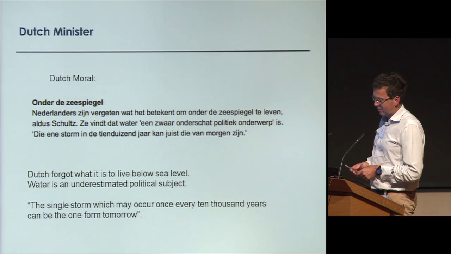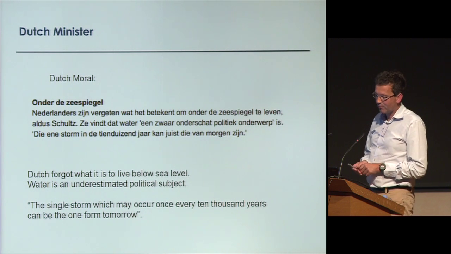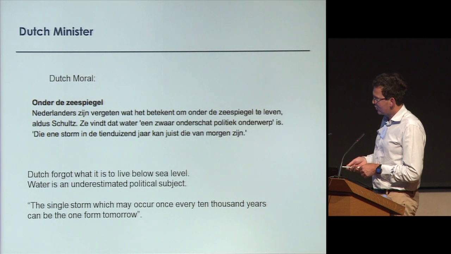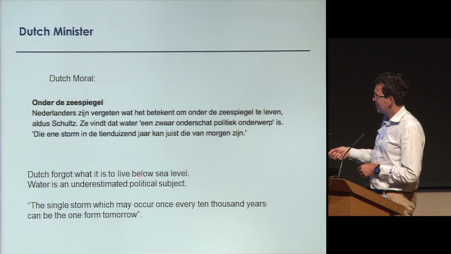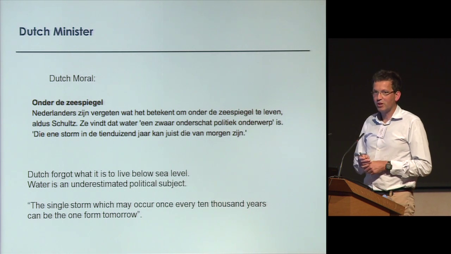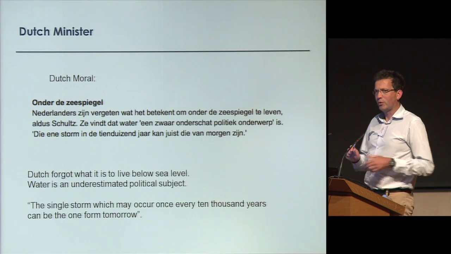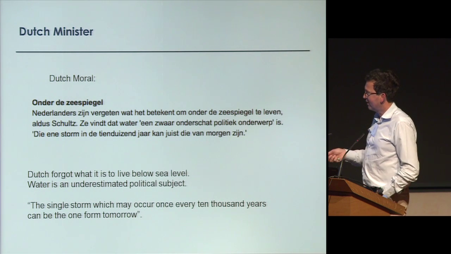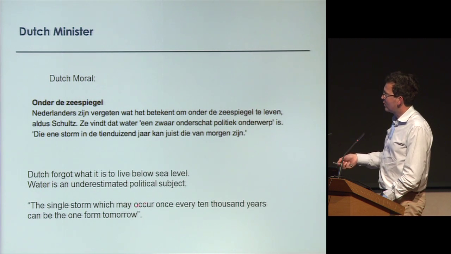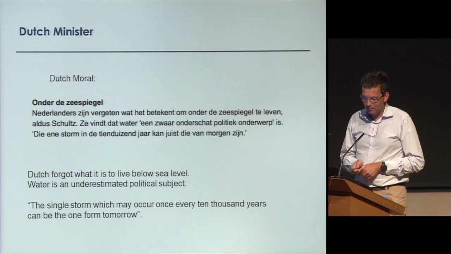And this is a saying I took from the Dutch ministry, which was recently in the newspaper, so somewhere in the spring, which says that the Dutch forget what it is to live below sea level. Water is an underestimated political subject, so we're always discussing sea level in Holland. And one of the sayings was that the single storm which may occur once every 10,000 years can be the one from tomorrow.